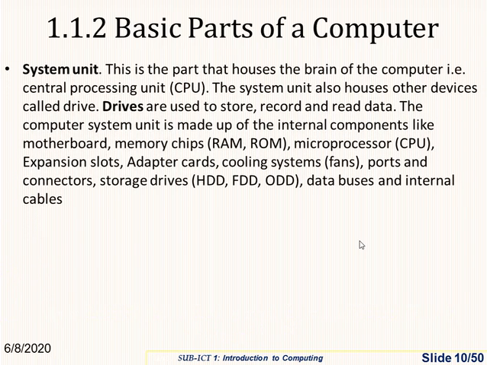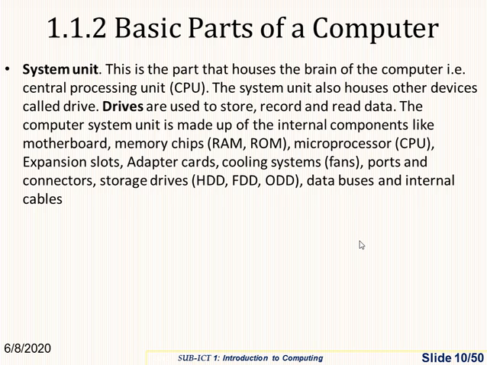System unit. This is the part that houses the brain of the computer. It is not the brain of the computer, but it is the part that houses the brain of the computer, and the brain of the computer is the CPU. The system unit also houses other devices called drives, which are used to store, record, and read data.